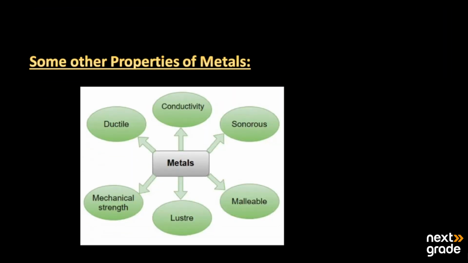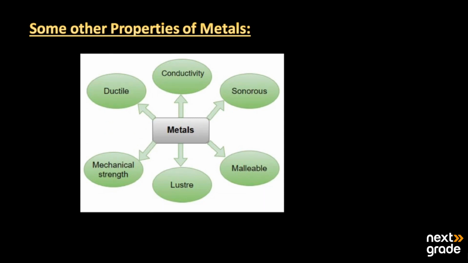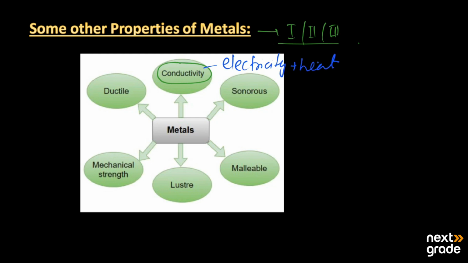At the end, we have some properties of the metals. As we have already learned, the metals are present in group 1, 2, and 3A of the periodic table. The metals have conductivity, meaning they can conduct electricity as well as heat, so they are known as conductors. Next, the metals are sonorous.